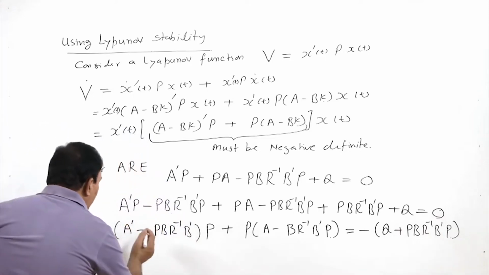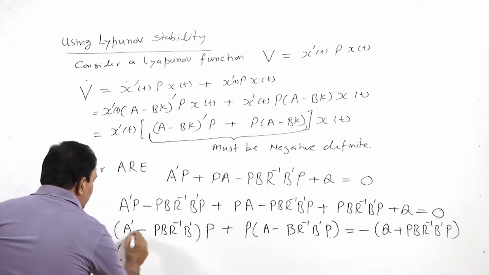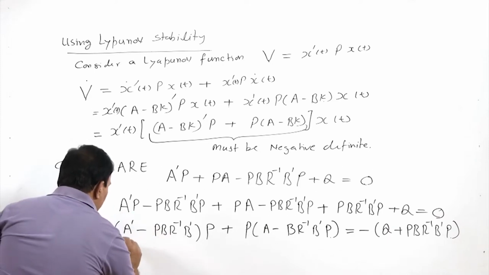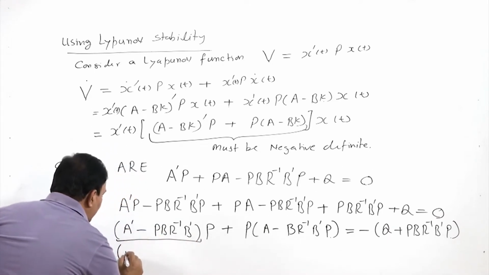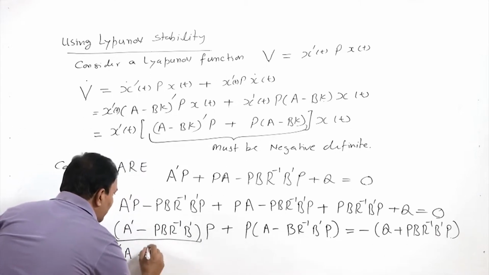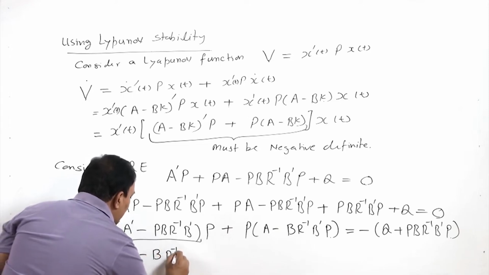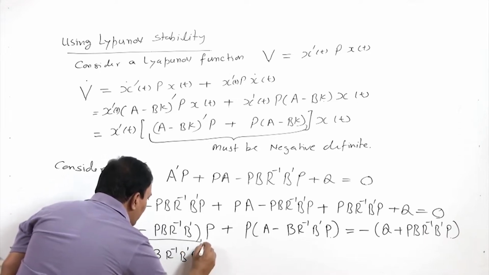So, let us see what we are doing. We are writing this term, the first term, this term, we are writing A minus the transpose of this B R inverse B prime P and whole transpose.